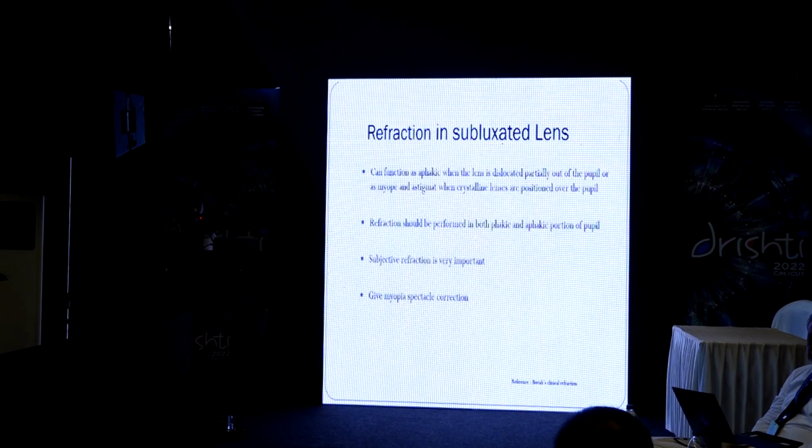Subjective undilated refraction is very important in this case, because after dilatation, the aphakic area will be more exposed, so the patient will not be satisfied with the aphakic correction. So we have to do a perfect phakic refraction, that is undilated refraction. Then we should correct the myopia properly in these cases.